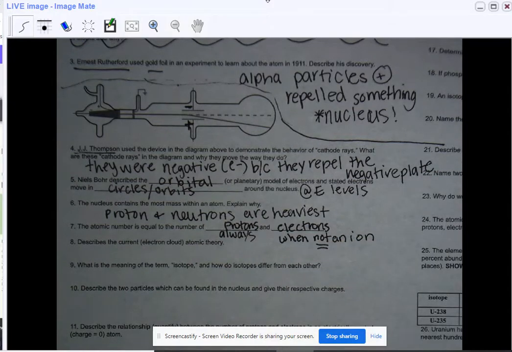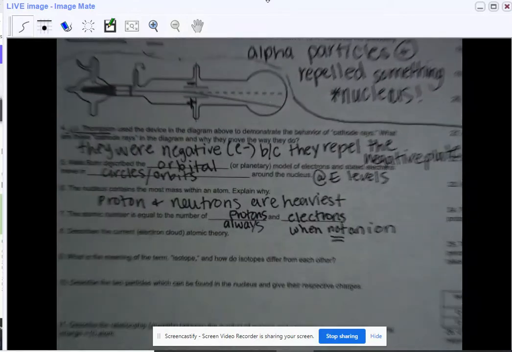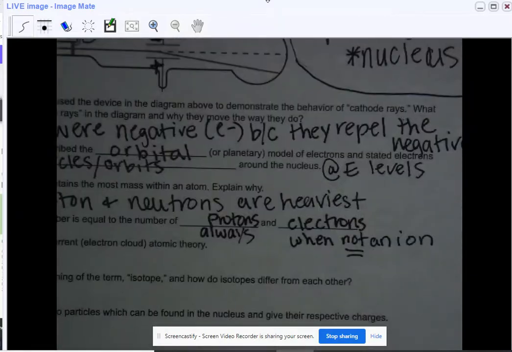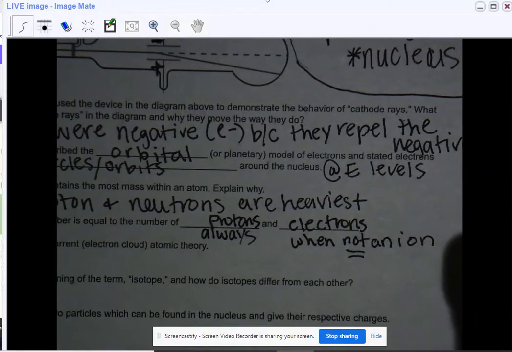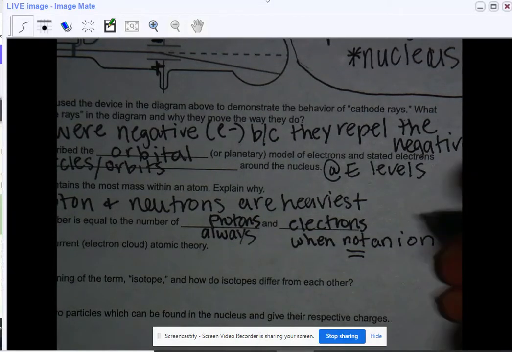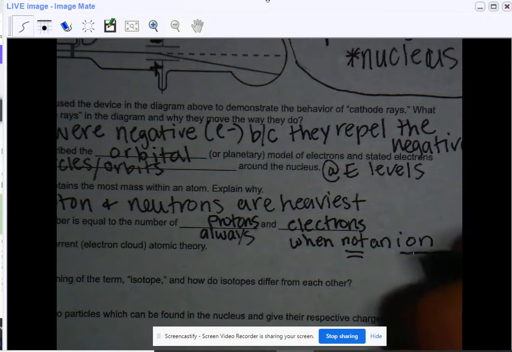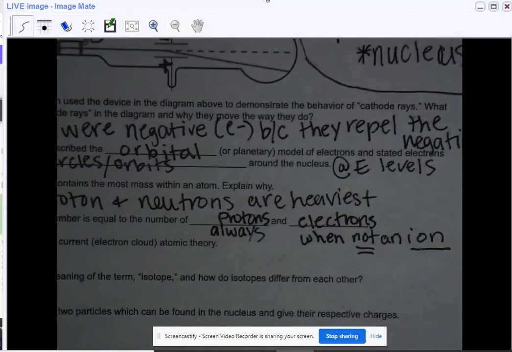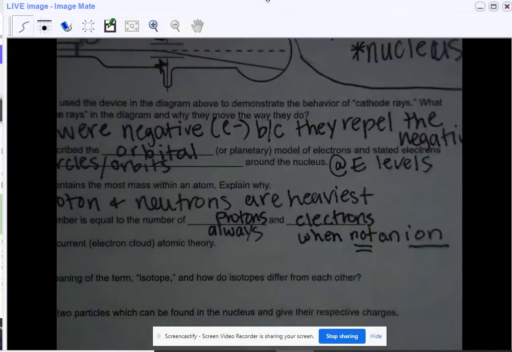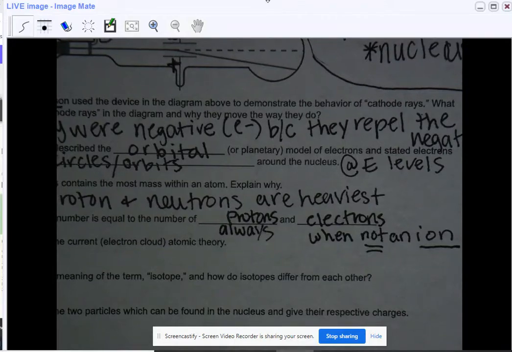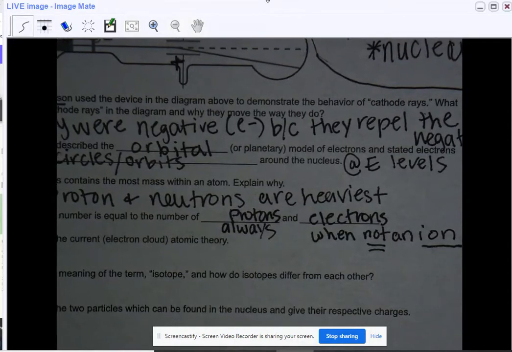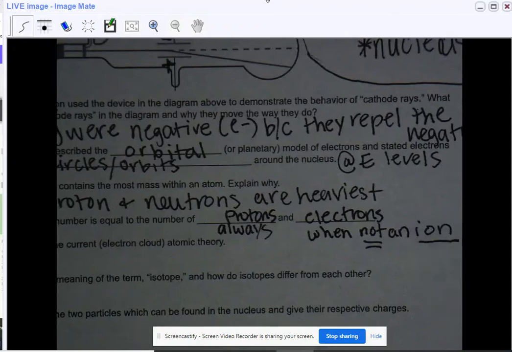I'm going to zoom in because you guys can't see that very well. There should be 2 words here: not an ion. Are we all good with that? So your guarantee is always who? Protons. Good.